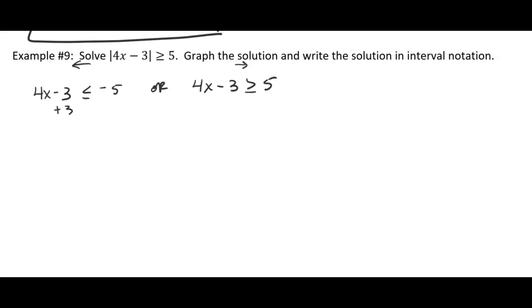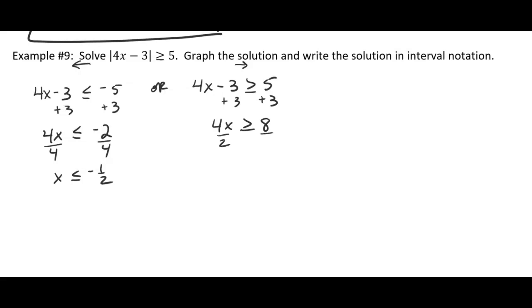Okay, so then we have to solve these. Add 3, and I get 4x is less than or equal to negative 2. Divide by 4, and I get x is less than or equal to negative 1/2. So that's part of the solution. Then add 3, I get 4x is greater than or equal to 8.